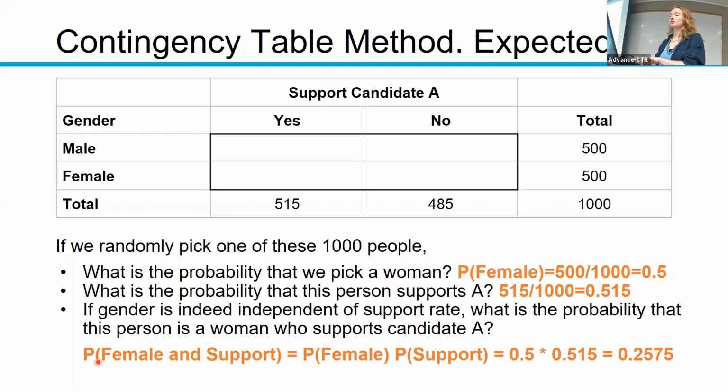So the probability of being female and supporting A. We saw that if they are truly independent, then this probability should be equal to the product of the marginal probabilities. That's going to be 25.75%. So we expect that given the true null hypothesis.